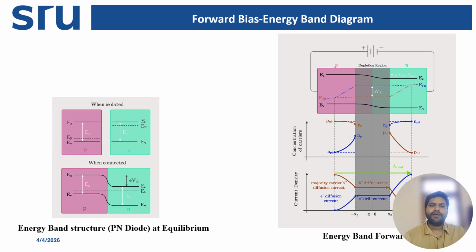Applying forward bias, the positive terminal is connected to the P type and the negative terminal to the N type. The external voltage opposes the built-in electric field.